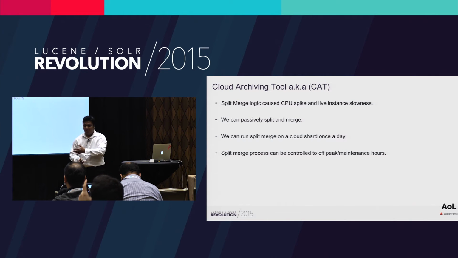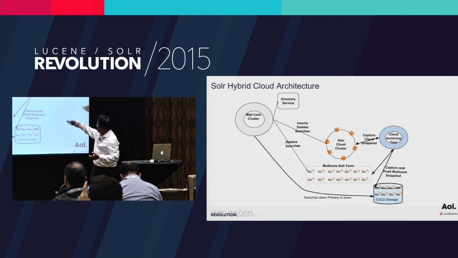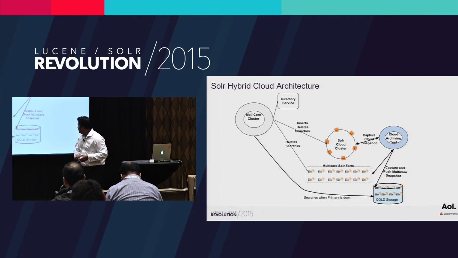We copy off box, put it on a different host, capture their multi-core snapshot, and the archiving tool takes a split of the cloud index, merges it with the multi-core index, and pushes it back to the multi-core farm.